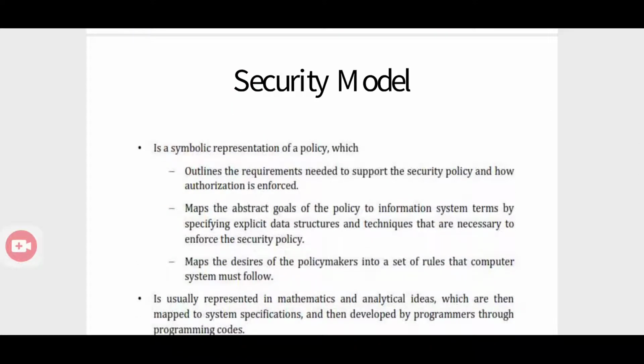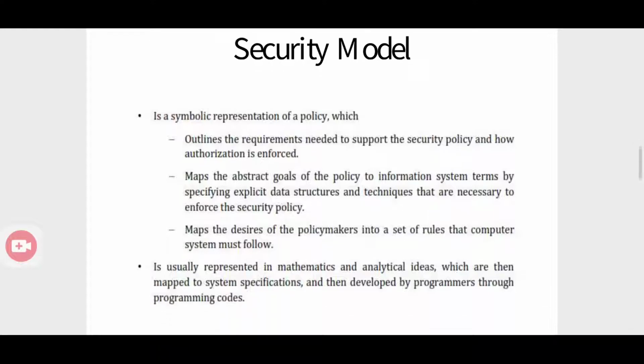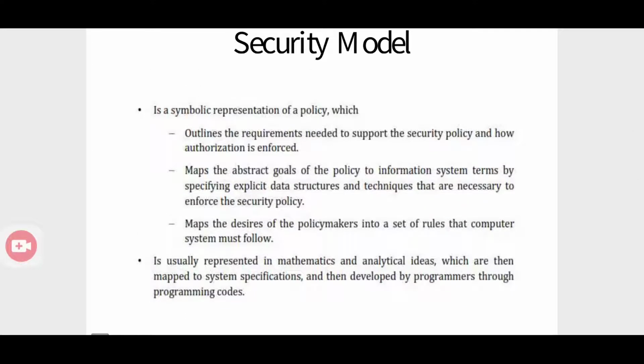Next, we have a security policy, and how is it implemented by using a security model? So what is actually a security model? It is a mathematical representation, or a symbolic representation, of a policy which outlines the requirements needed to support the security policy and how authorization is enforced.